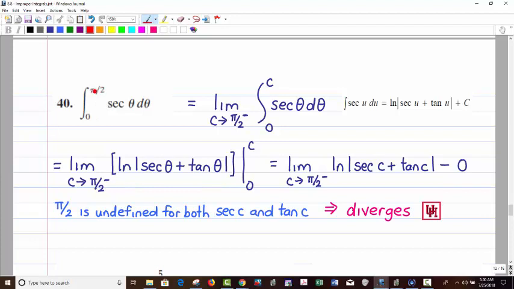And because it's the upper limit, that makes that a minus. And then this one blows up real quick because, like I mentioned right here, pi over 2 is undefined for secant, and both secant and tangent. All it's got to do is be undefined for one of them, but the fact that it's for both is just a bonus. But anyway, that one diverges.